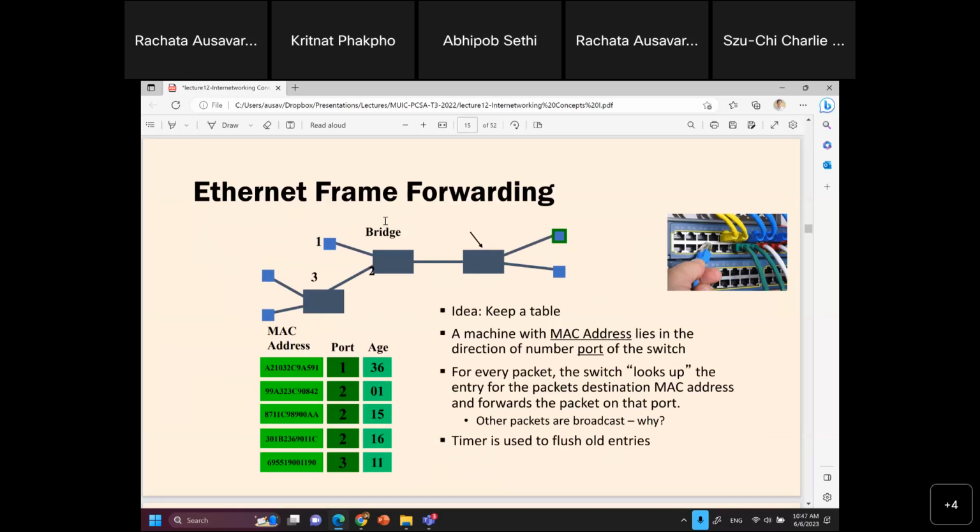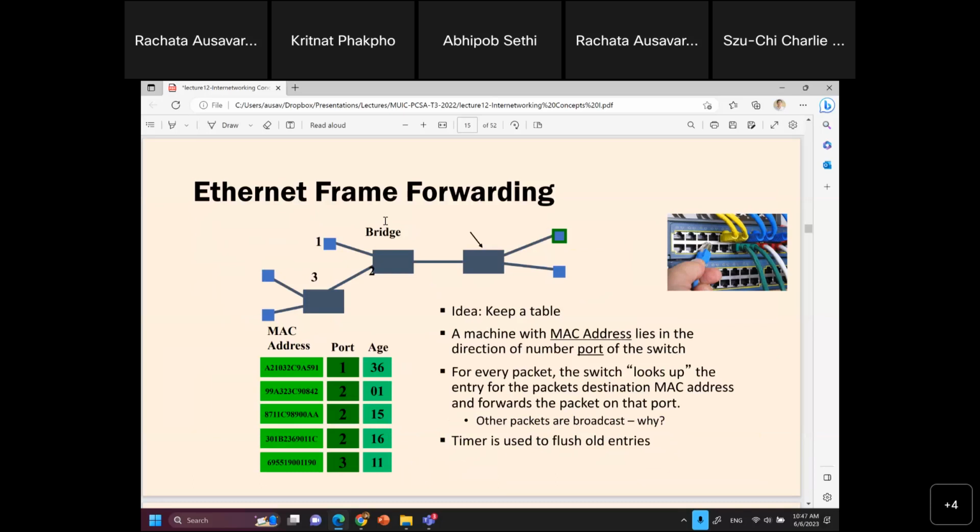The machine that has the MAC address is a part of the table, and you would have the port of your switch. And for every packet, the switch looks at the destination. Then you forward the packet on the port.